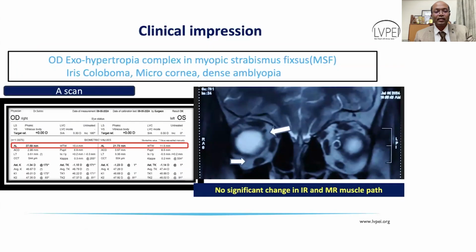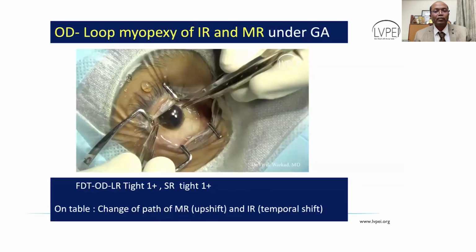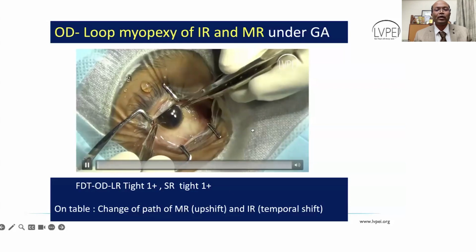His axial length showed 27 millimeter on A scan. Although on MRI scan there was no very significant change in the IR and MR muscle path, as we can appreciate in this MRI, we planned to explore and see what's there on table.